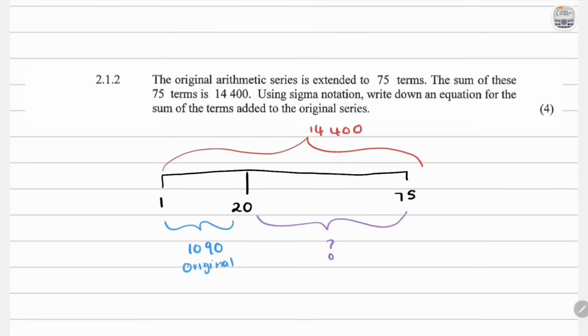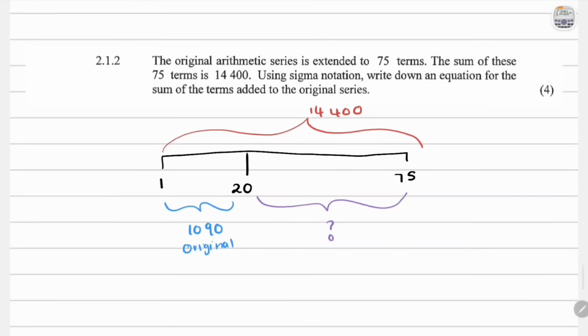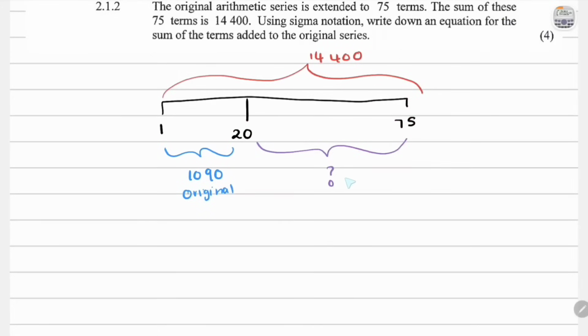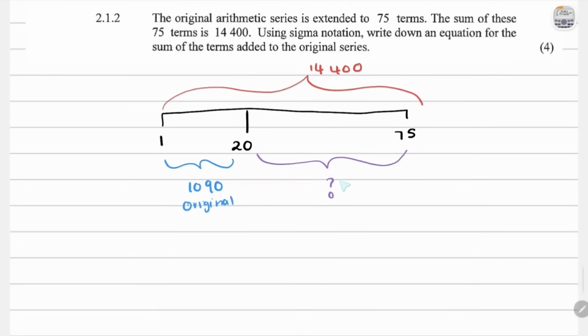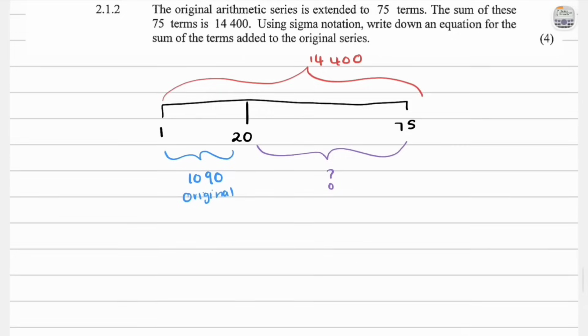They want us to write this in sigma notation, the sum of those. There are a few things that we would need to find. First of all, let's find out what exactly it sums up to.